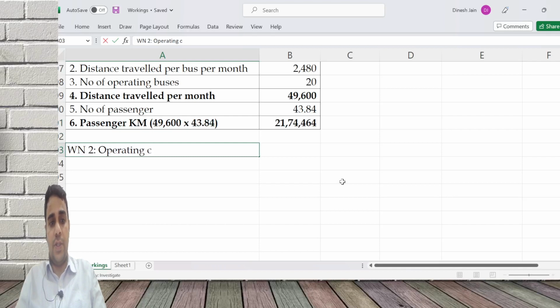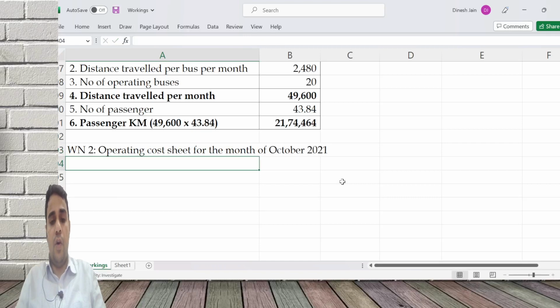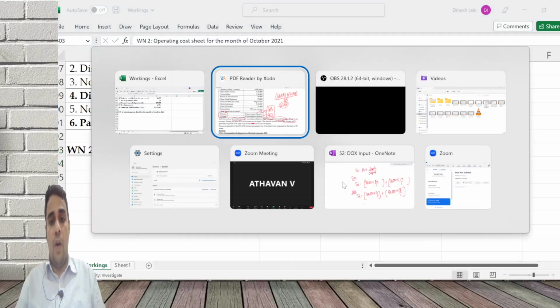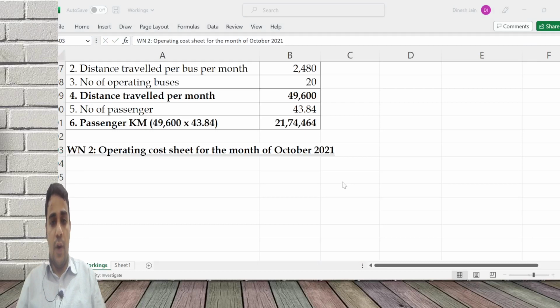Operating cost sheet for the month of October 2021.